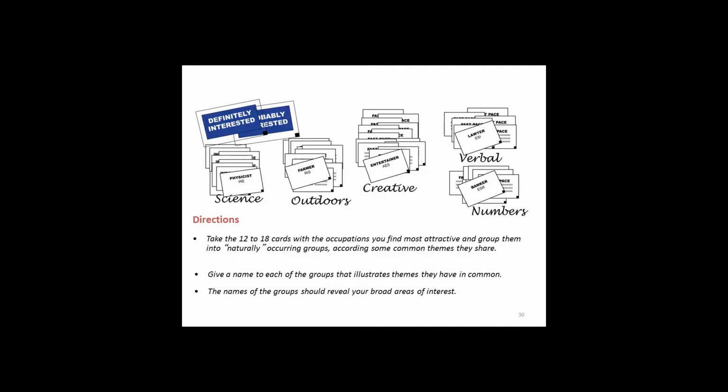And I ask them to give a name for each of the groups that illustrates the theme they have in common, and then I want them to put the names of the occupations under each of those themes.